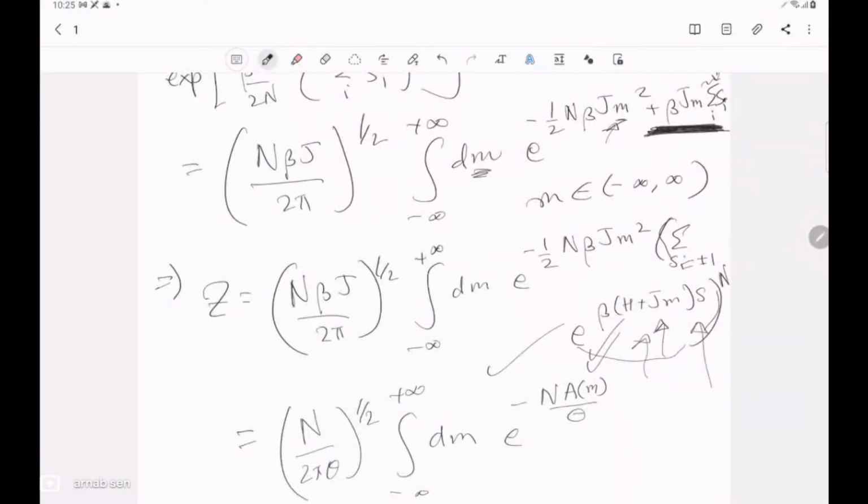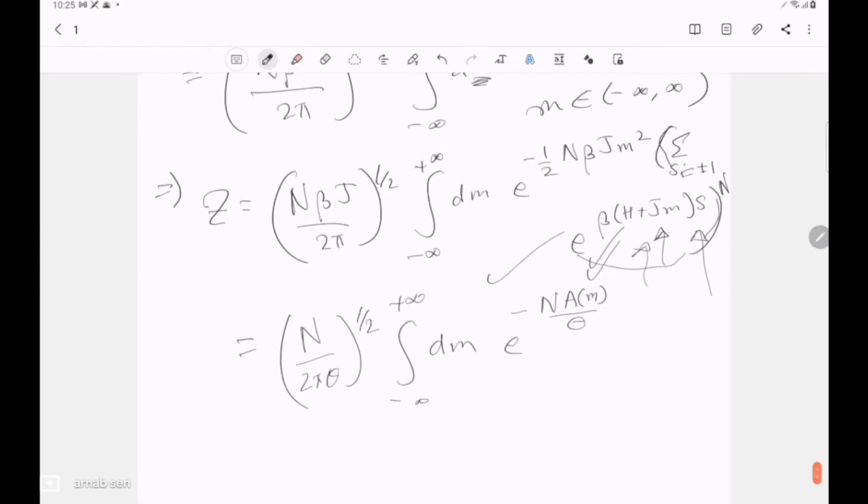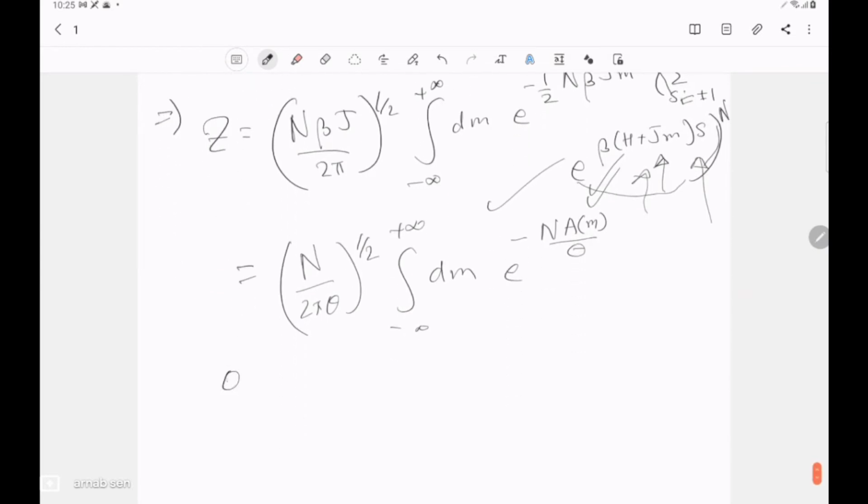The entire integral looks like this, where, let me explain the symbols to you. These guys, this is some reduced temperature. This is some reduced magnetic field. And this A has a very interesting form. It looks like this.